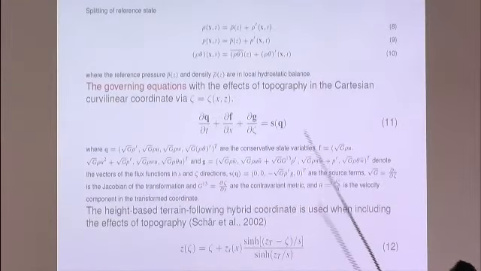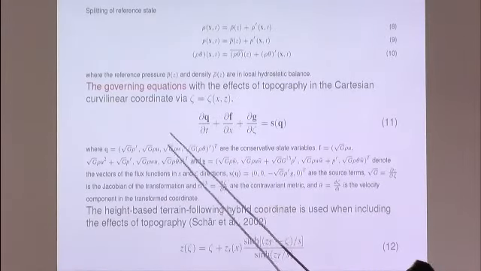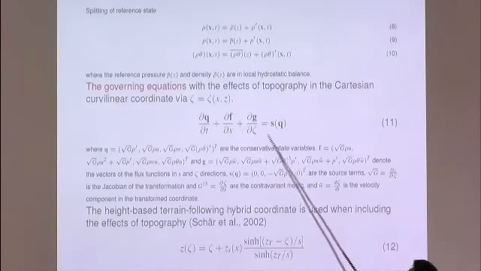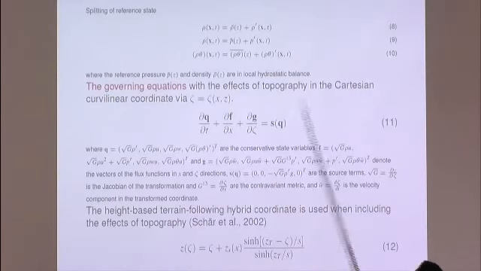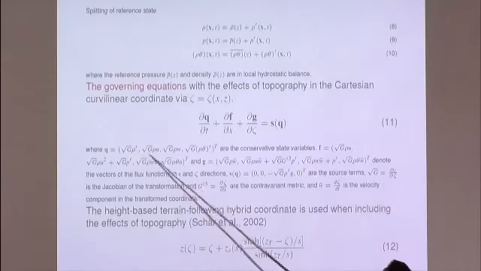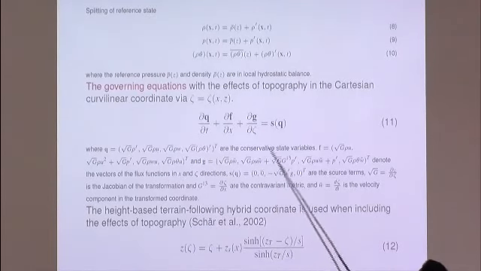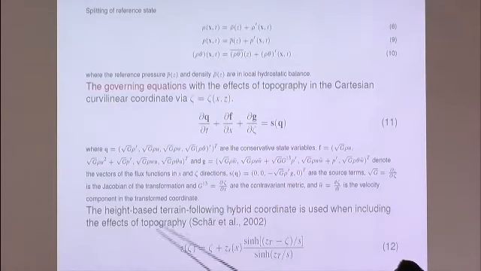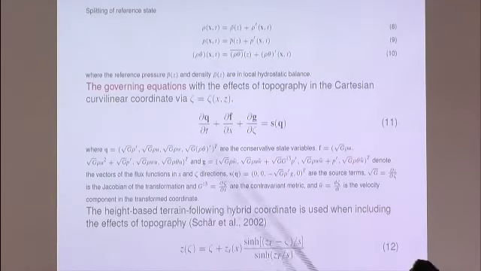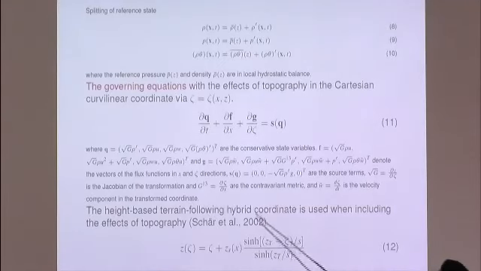Before going on, I will give the governing equations. These are the hyperbolic forms, with our forecast variables, the conservative state variables. When incorporating topography, we use a height-based terrain-following hybrid coordinate, as in Schär et al. 2002.